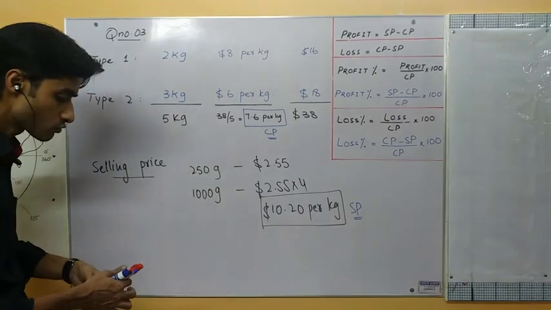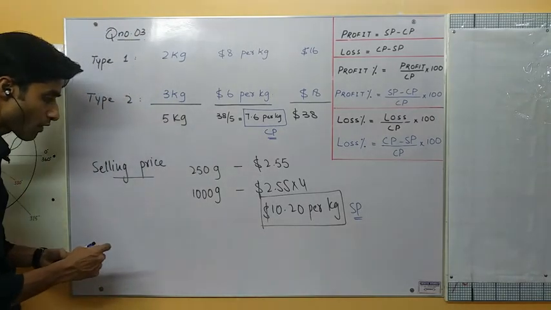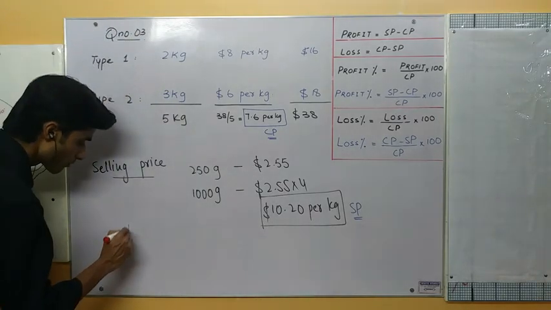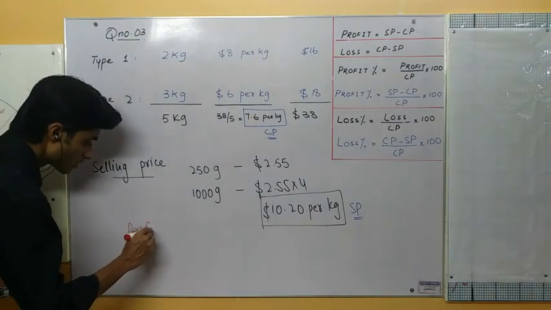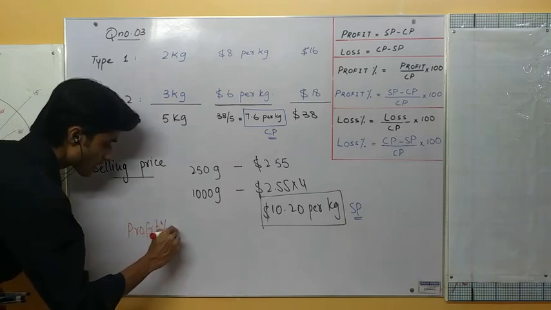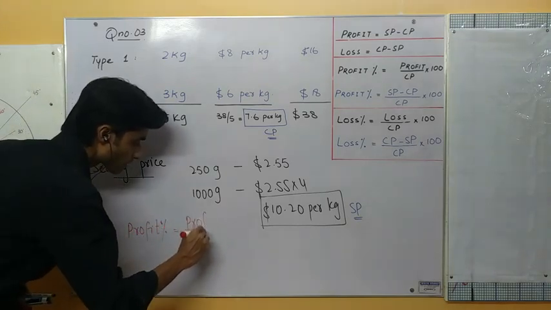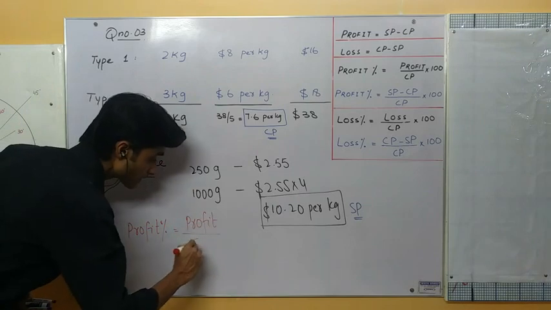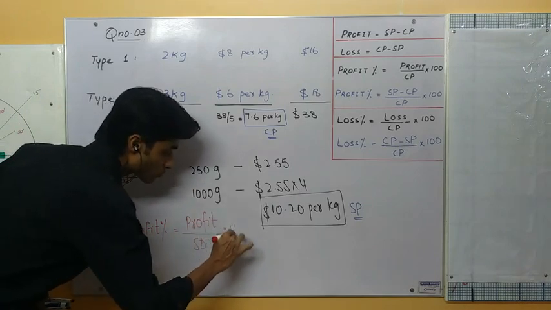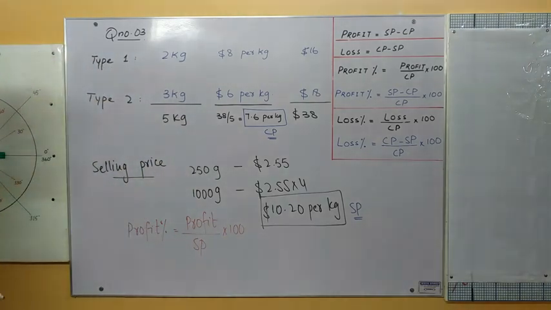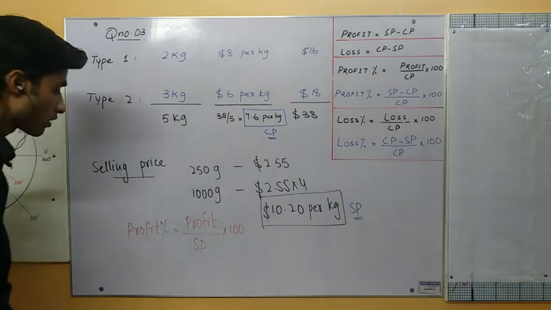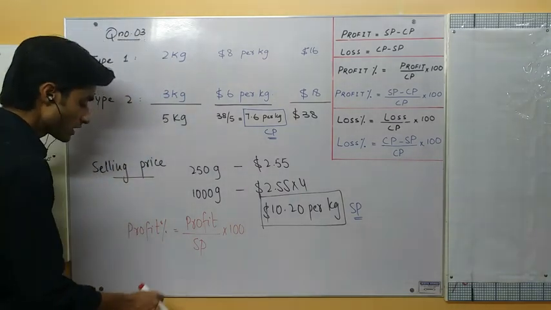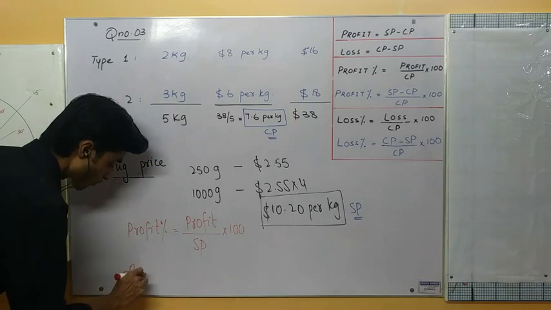And when the question does so, the formula that I am going to use is: profit percentage is equal to profit upon selling price, multiplied by 100. You can either use this formula to do this question, or you can also use it in this form.